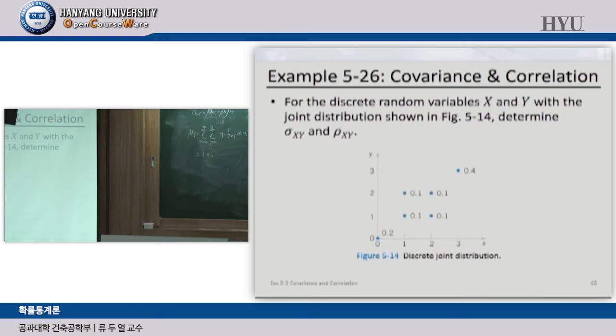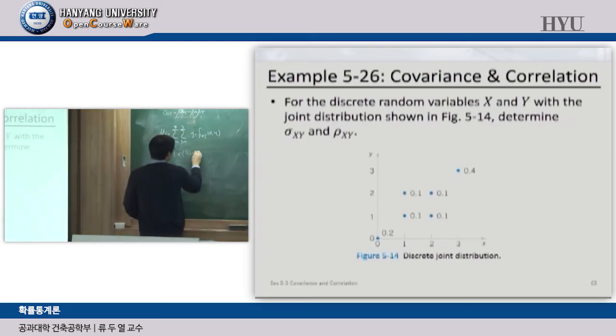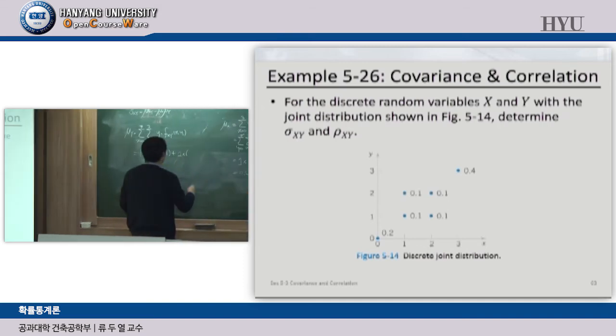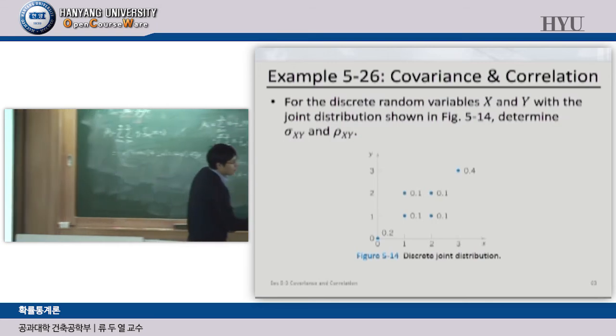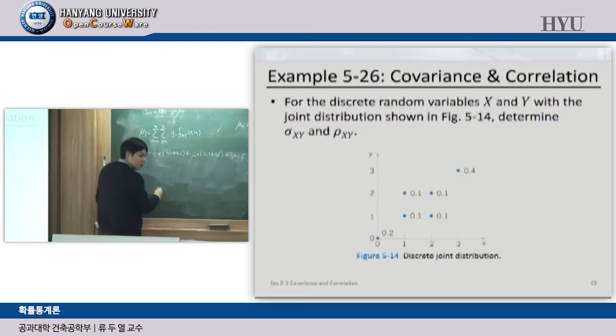Plus when y is equal to 2, we also have two probabilities, 0.1 and 0.1, dependent on the value of x. Plus when y is equal to 3, only one probability is here, that is 0.4. So this is equal to 1.8. So mu y is also equal to 1.8.